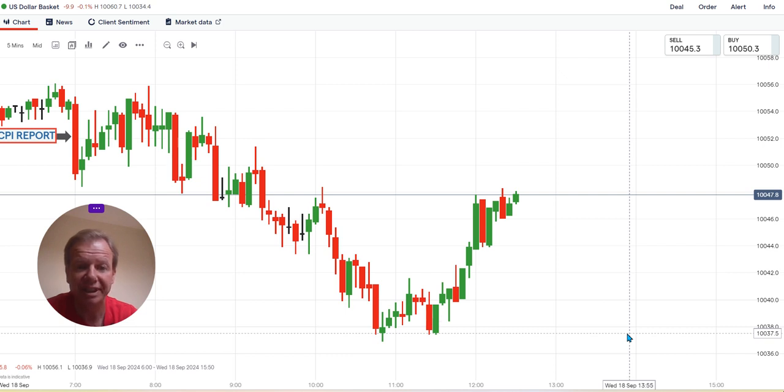So there's five currencies in there, but the main majority of that is actually the euro, and that's at 57.6% weighting. The pound sterling comes in at third at 11.9% weighting.